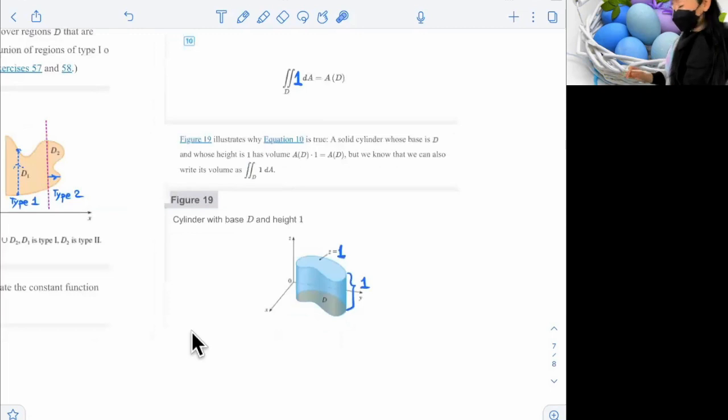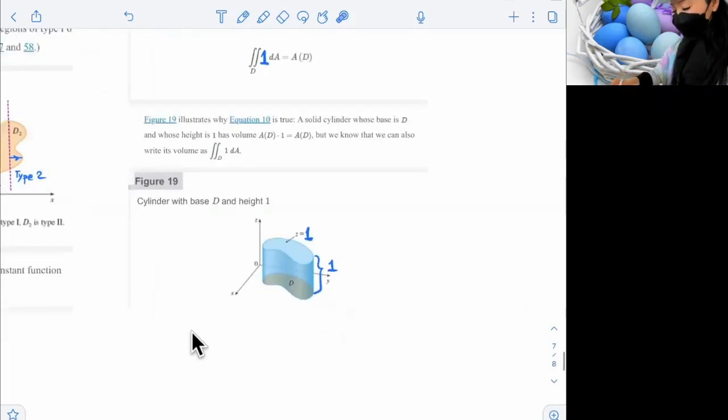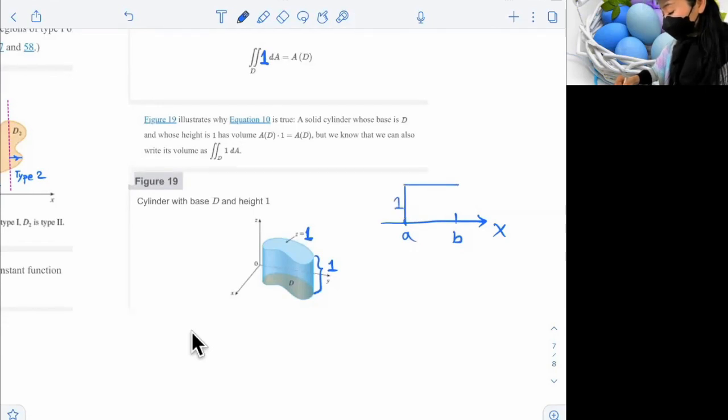Well, we can actually relate this to the one-dimensional case. Remember in the one-dimensional case, you have this from a to b. What happens if the height here is a constant 1?